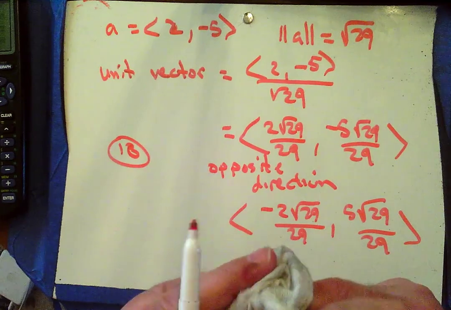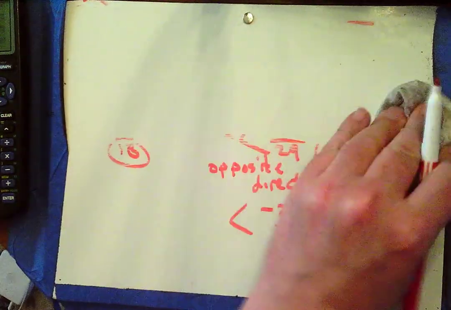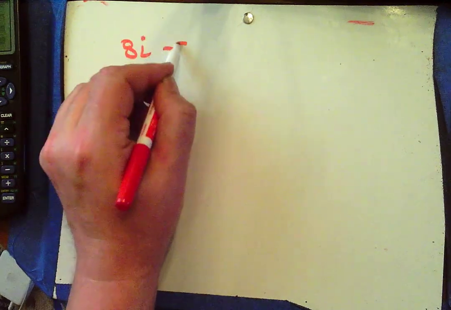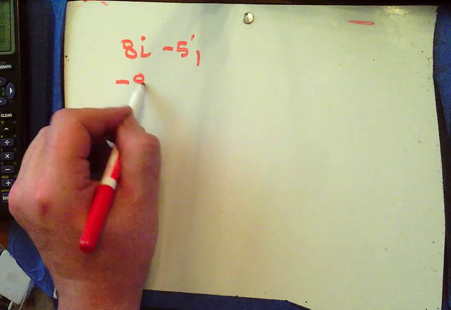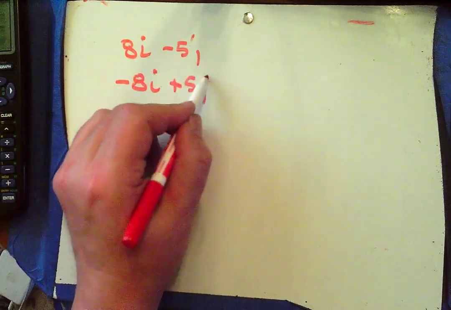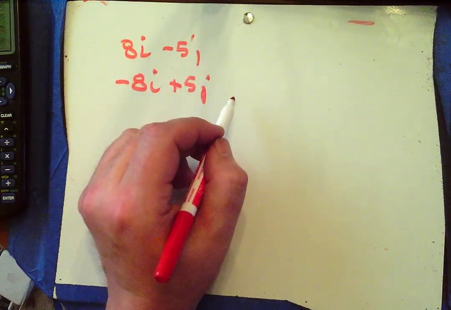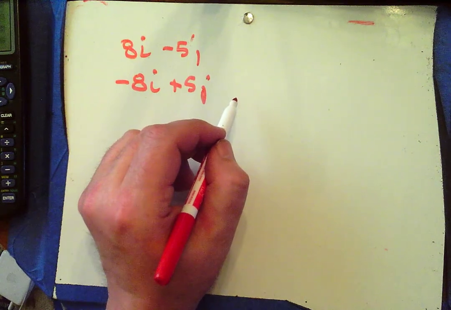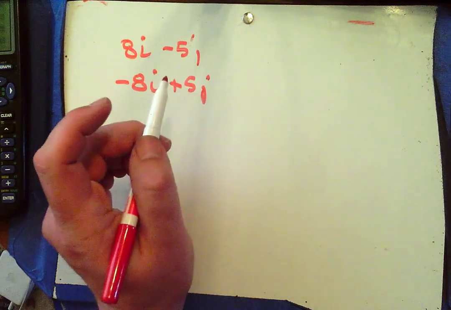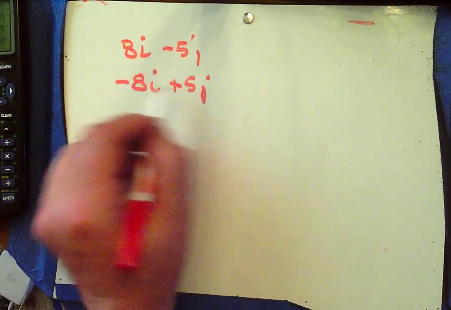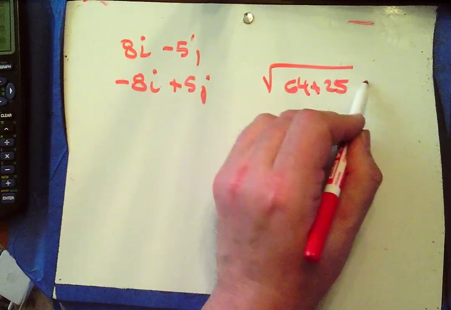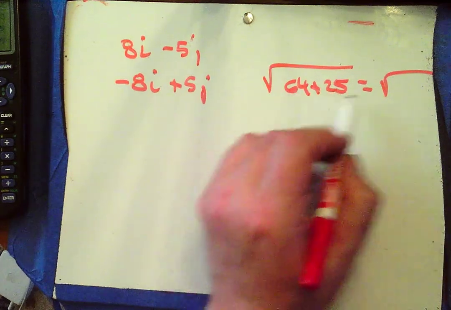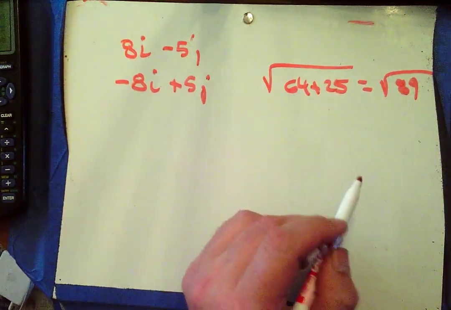What about problem 19? Find the vector that has the opposite direction of 8i minus 5j, opposite direction, so negative 8i plus 5j, and is 3 times the magnitude. Well, the magnitude of this vector is 64 plus 25, or square root of 89.